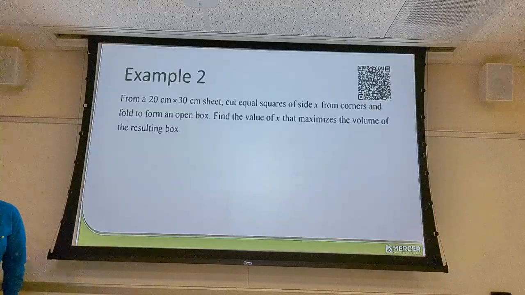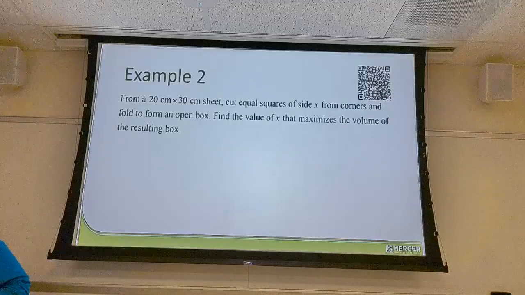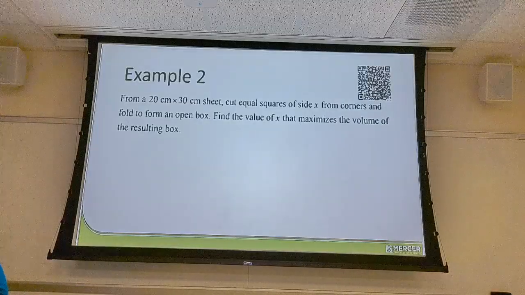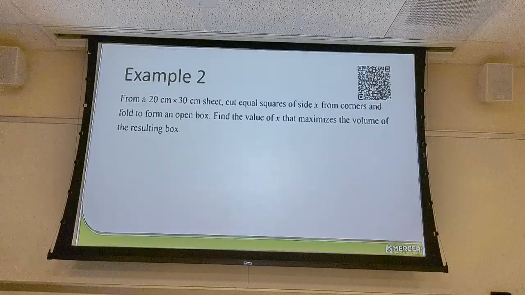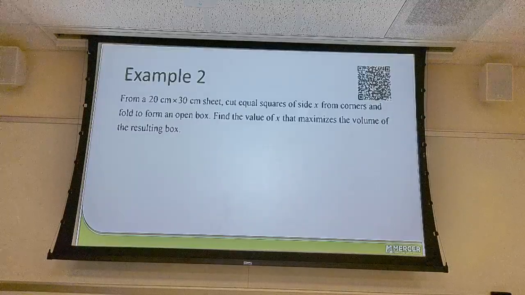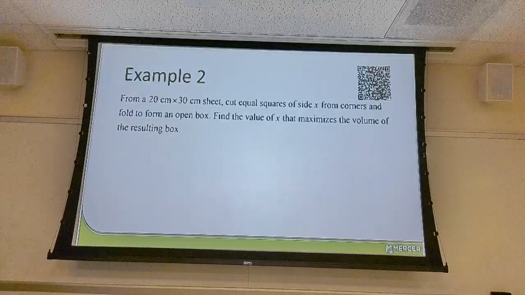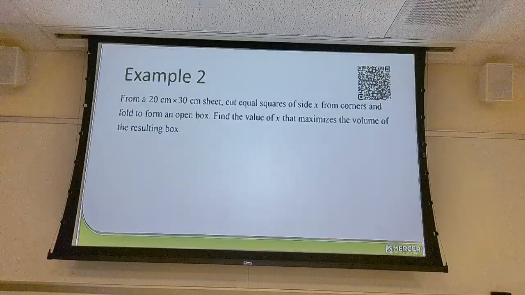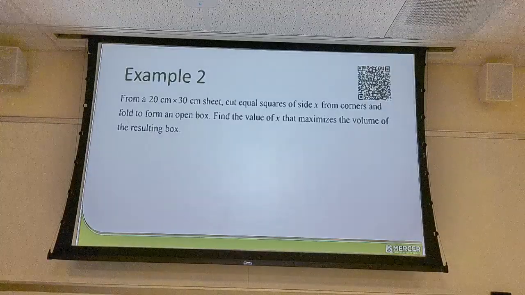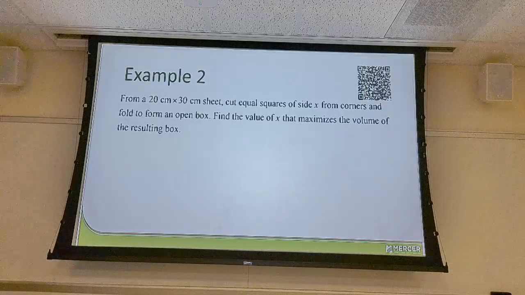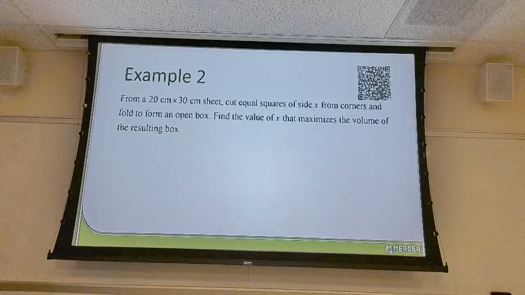A 20-centimeter by 30-centimeter sheet. You cut equal squares of side x from the corners and fold to form an open box. Find the value of x that maximizes the volume of that resulting box.